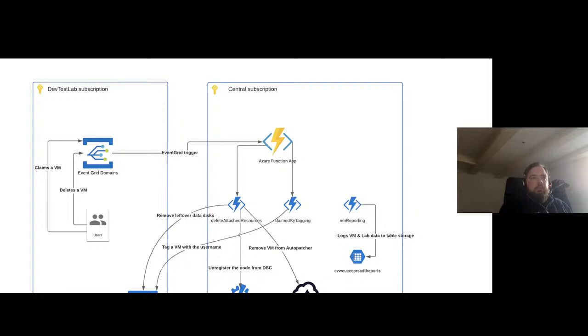So PowerShell and PowerShell-based functions really came in to help and were really useful in this project. And I strongly recommend doing these kinds of event-based automation scenarios. They're really fun to make, and yeah, highly recommend.